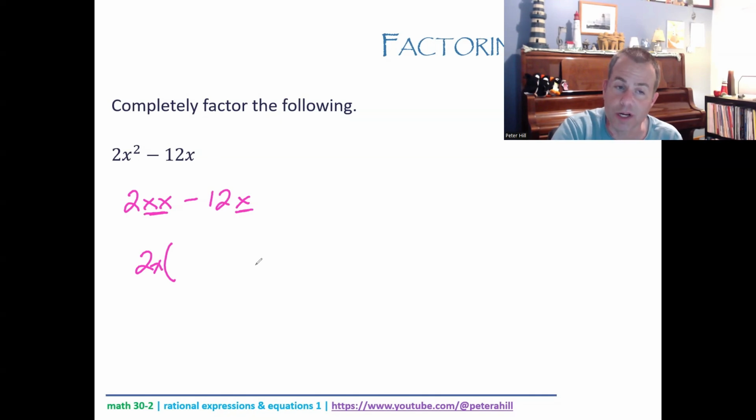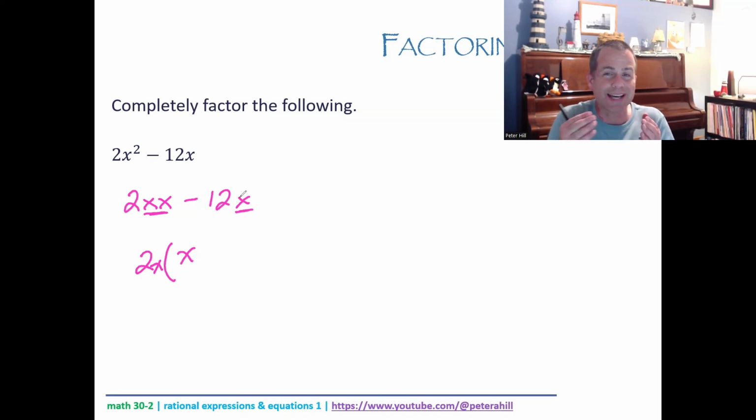So what am I left with when I take out that 2x? And when I say take out that 2x, we're talking about dividing out the 2x. If I divide this term by 2x, I'm left with x. And if I divide negative 12x, remember you want to take into account the sign that's in front of the number.